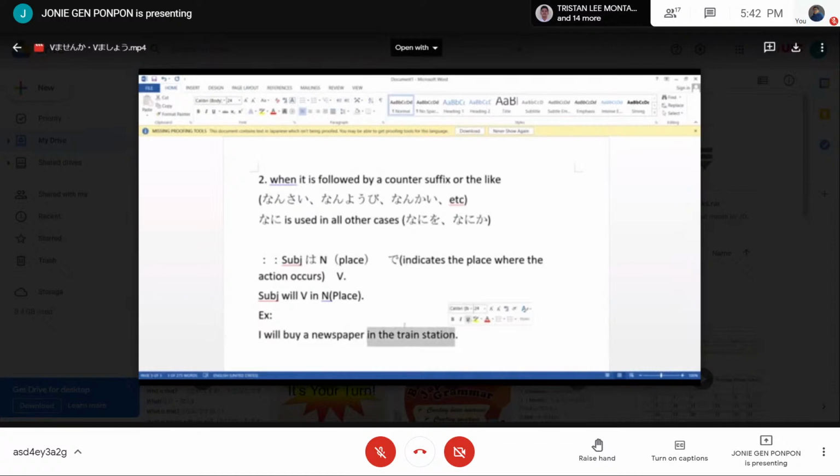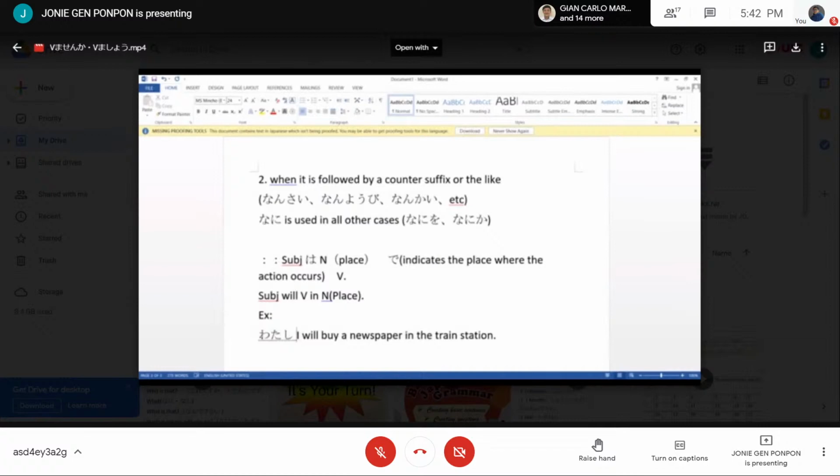Now, we will use this sentence pattern, okay, to translate this English sentence. Now, subject wa. Okay, the subject is watashi wa. Okay, I will, or I am. Watashi wa. And then your place, in the train station.